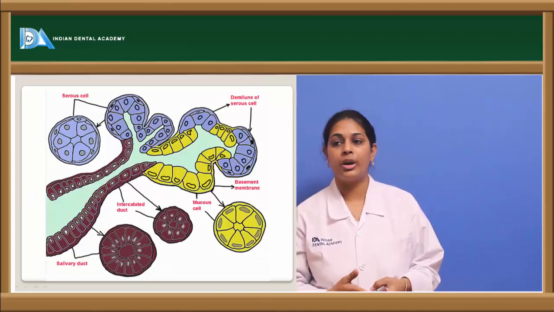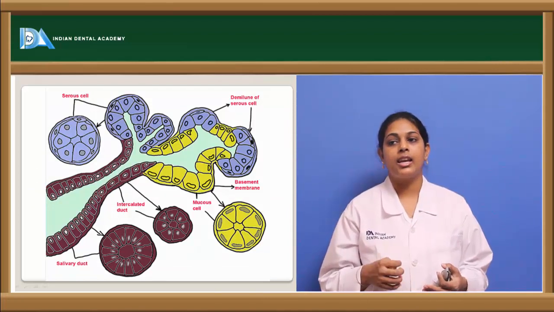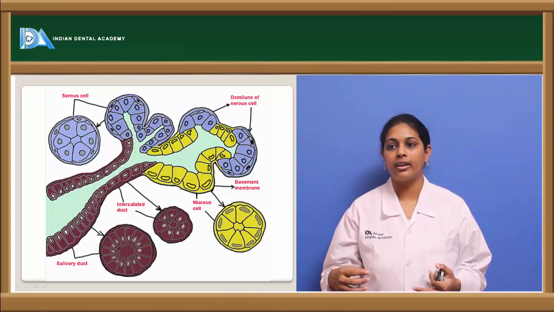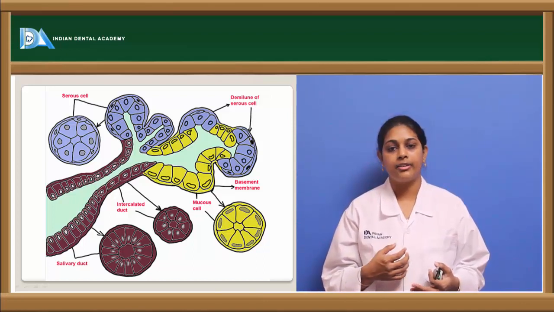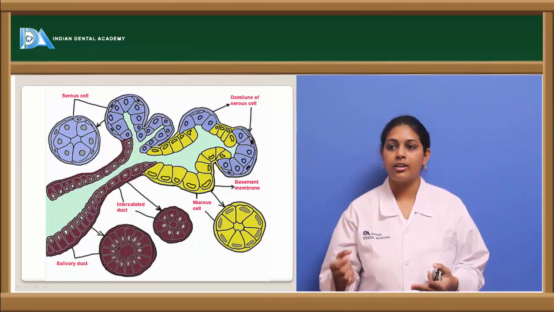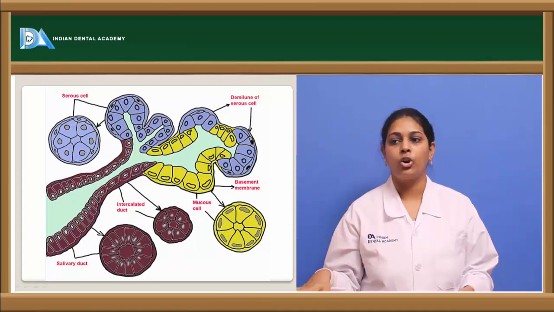In this picture we see initially a salivary duct, and this salivary duct further leads into an intercalated duct, and then this intercalated duct leads into an interlobar duct. That is, we see that the duct is present within a lobule-like formation, because of which it is called the interlobar duct.